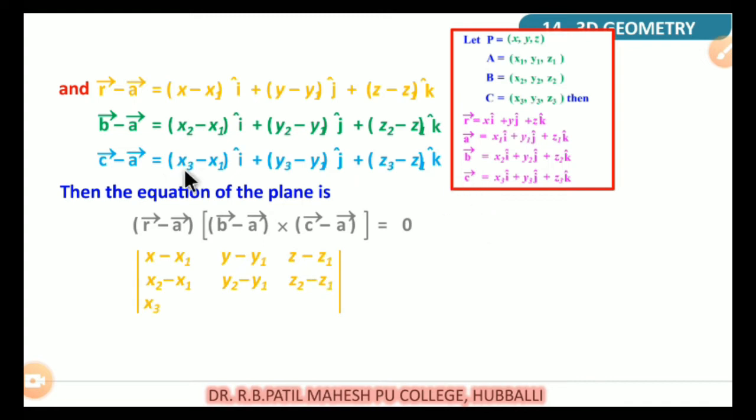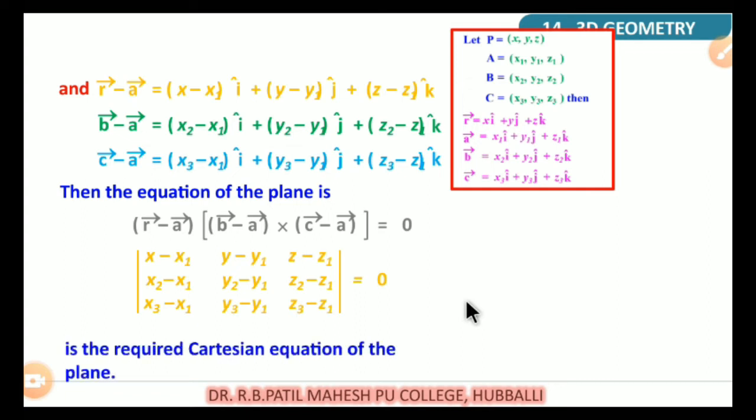Similarly, in the third row we write x3 minus x1, y3 minus y1, z3 minus z1. This whole determinant is equal to 0. So this is the Cartesian form of the equation of the plane passing through three non-collinear points.